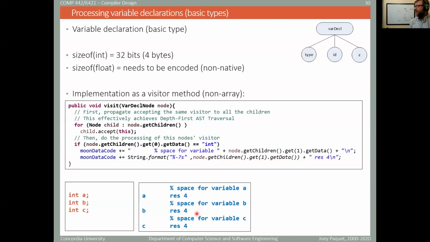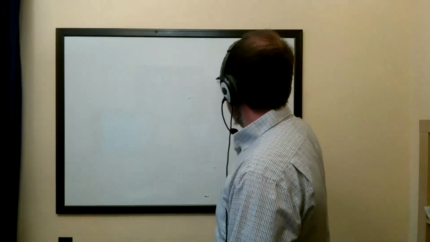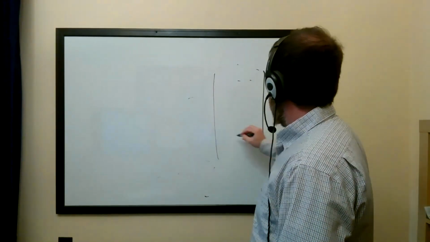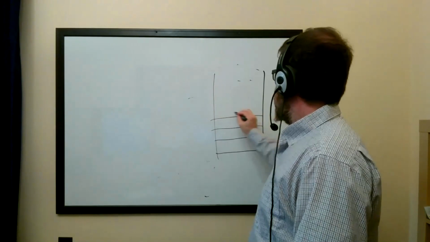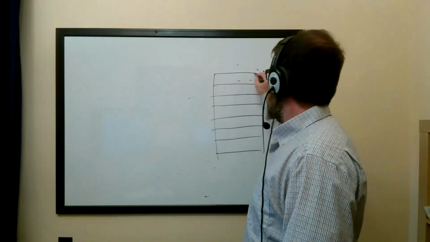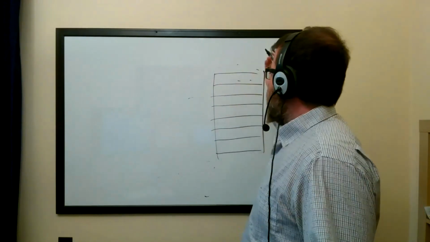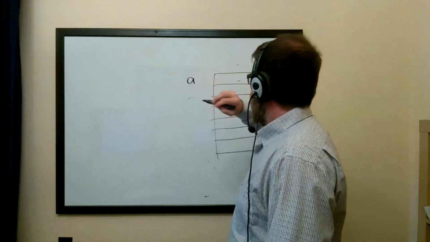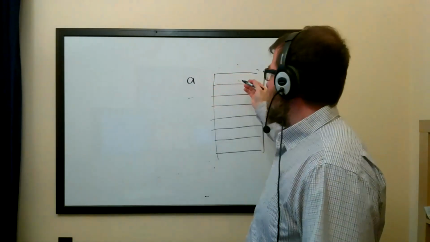Okay, maybe I can explain this in more detail here. Let me stop share here. So essentially you would have your program, your computer's memory here. Let's say every word is 4 bytes.